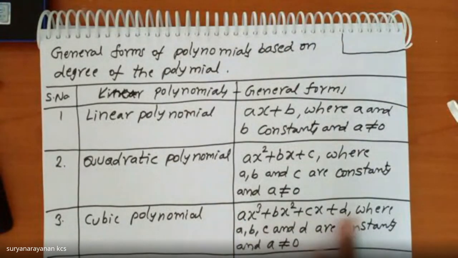This is the general form of a cubic polynomial. In this cubic polynomial, if you observe, the utmost number of terms are 4. 1, 2, 3, 4. X cube term will be there, x square term will be there, x term will be there, and a constant. At most 4 terms will be there. Next to biquadratic.